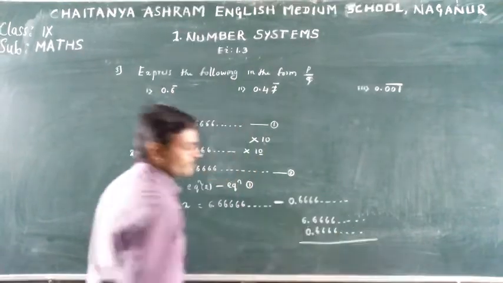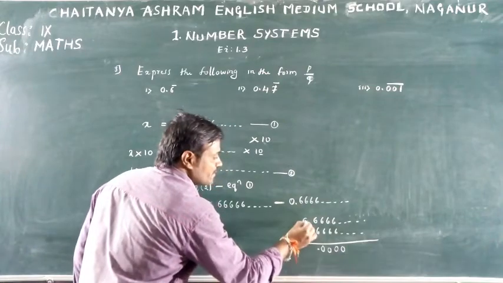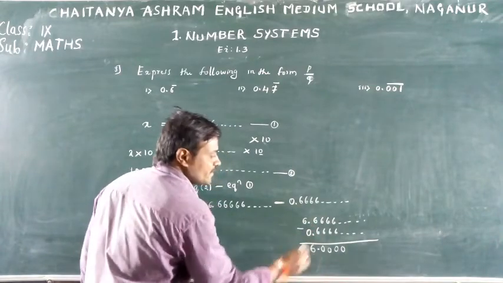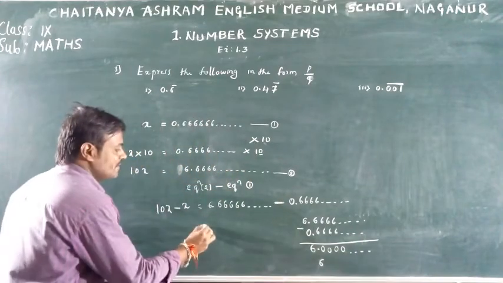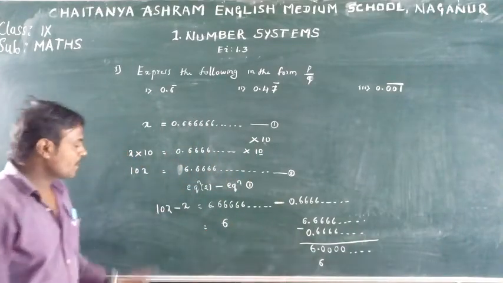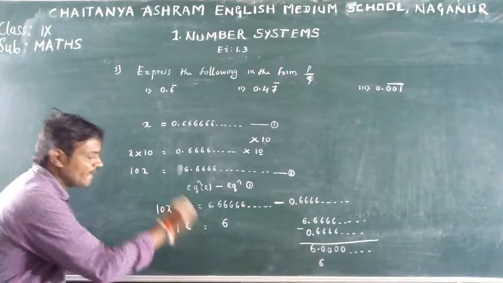What is the answer? 6.000 means 6. So the difference is 6. And 10x minus 1x is 9x.